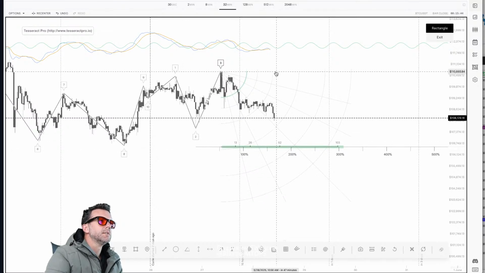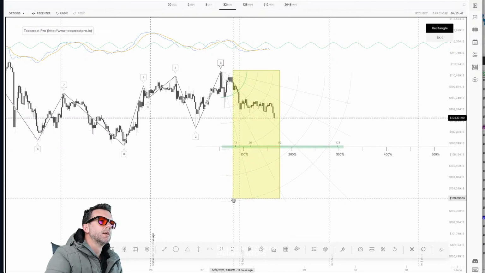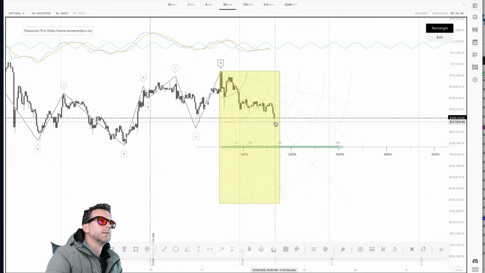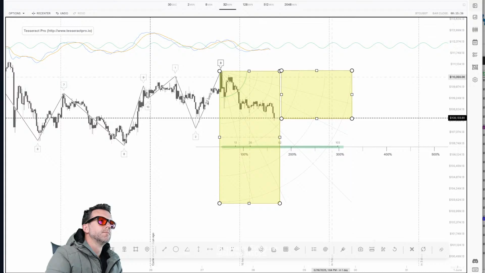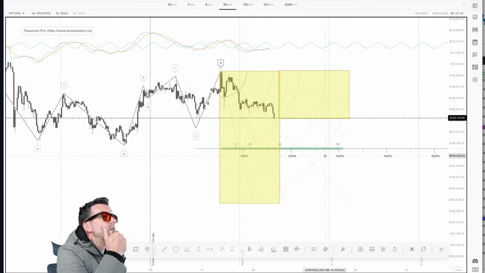Which means that there's going to be more sell action.